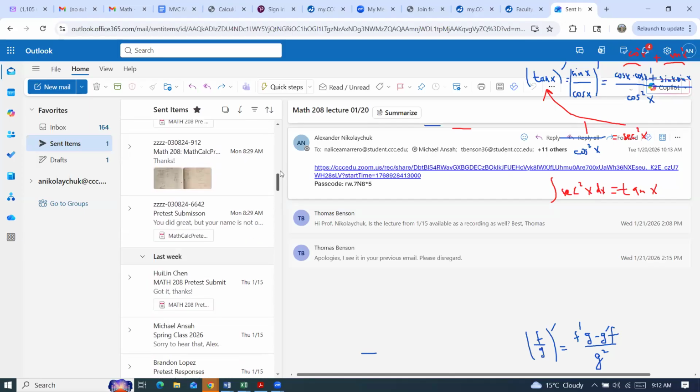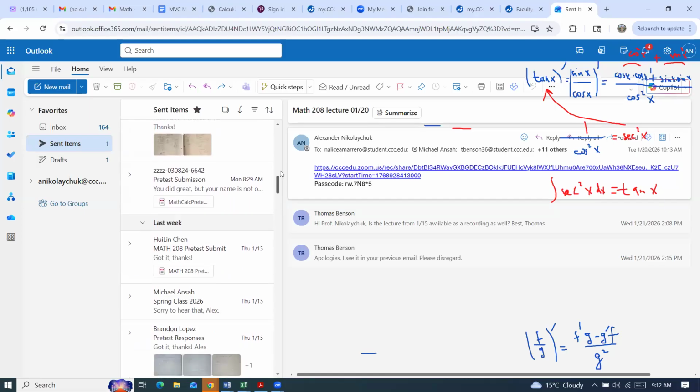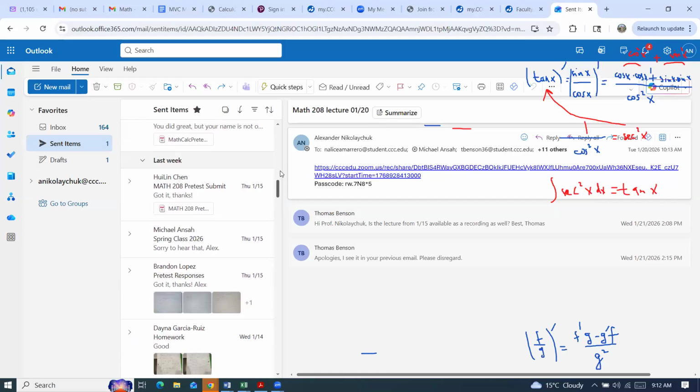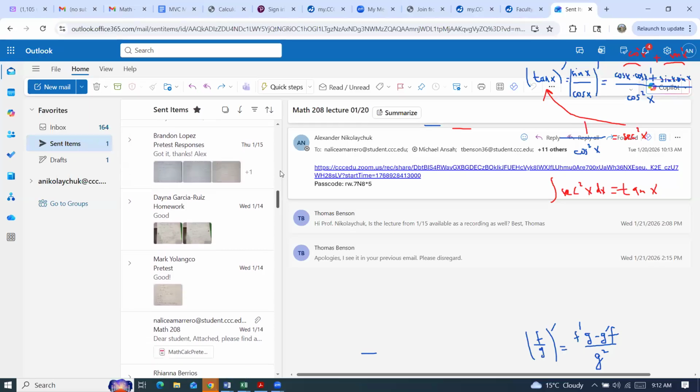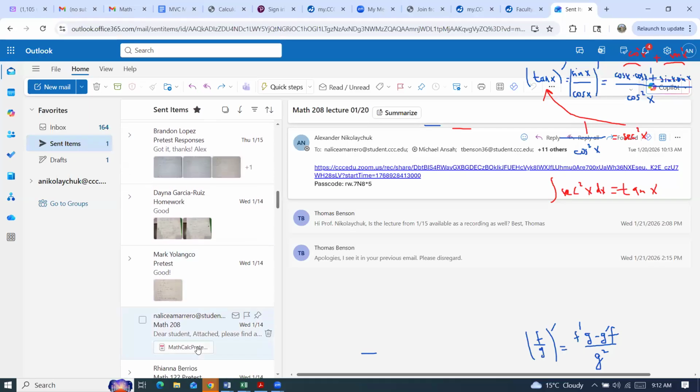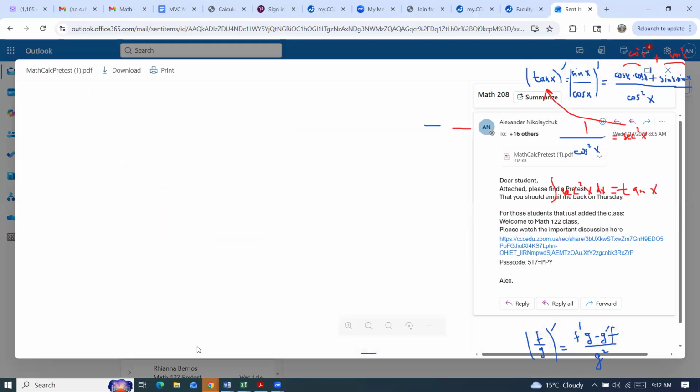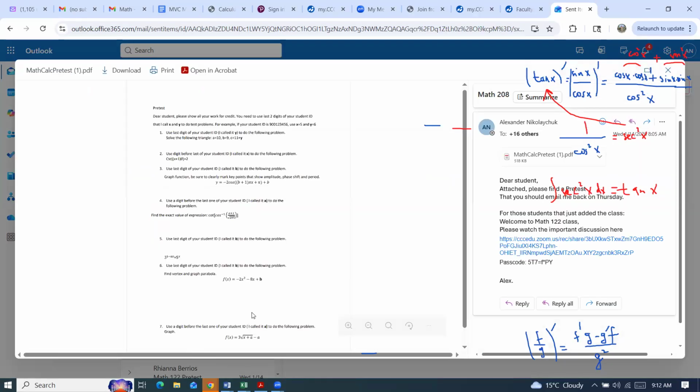See, it's a little bit challenging to locate something when you are in Outlook. You probably already know. Oh, here it is. Pre-test. When we had Gmail, it was much faster, but with Outlook, well, it gives us a challenge, so it's great, people say.